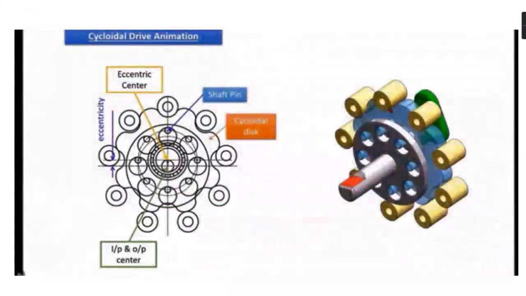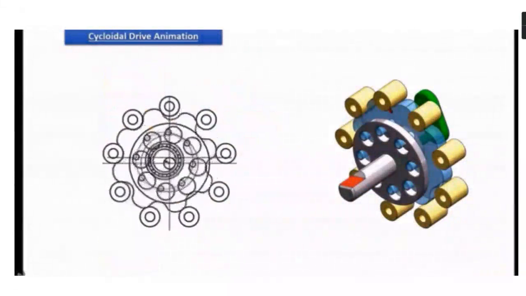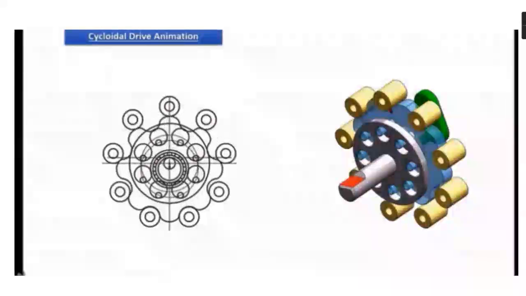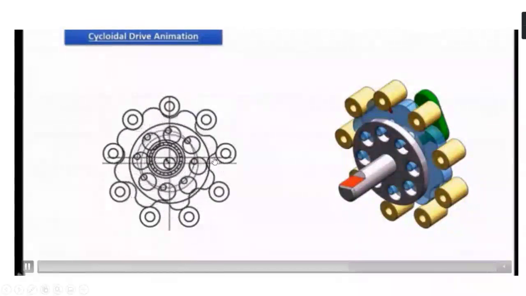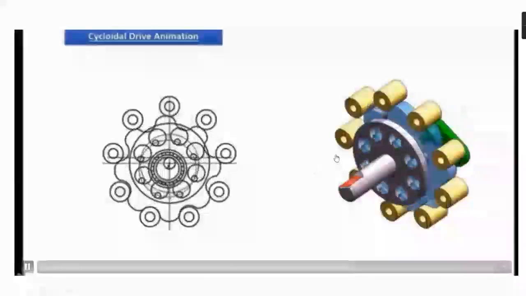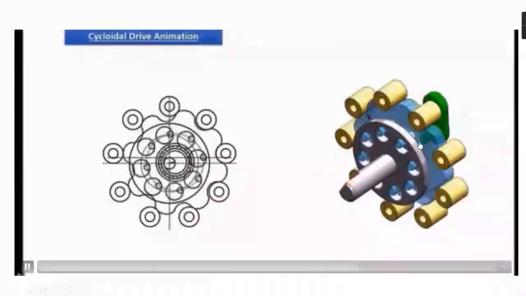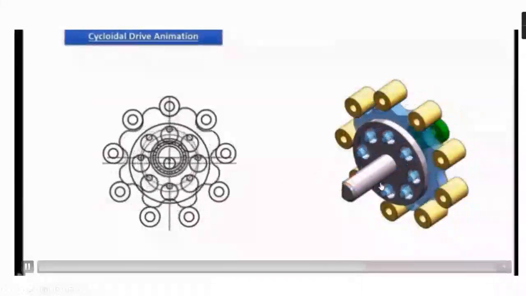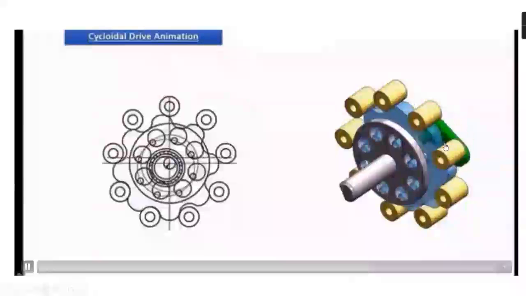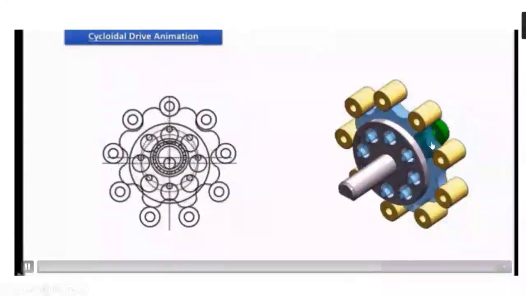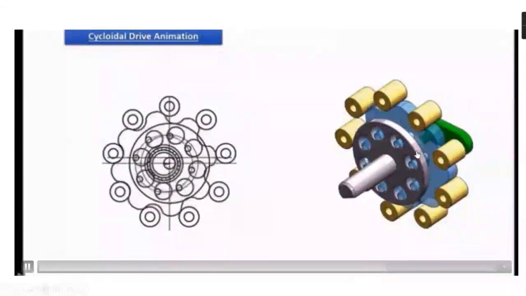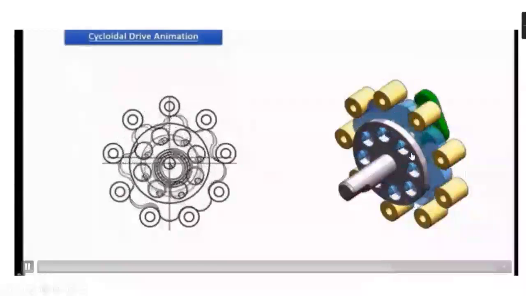So this is your whole assembly, and you can see how the shaft is moving. Here you can see in the 3D diagram also how each part is moving using the cycloidal curves, epitrochoidal curves.